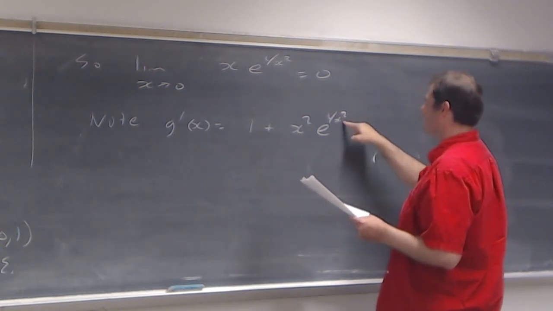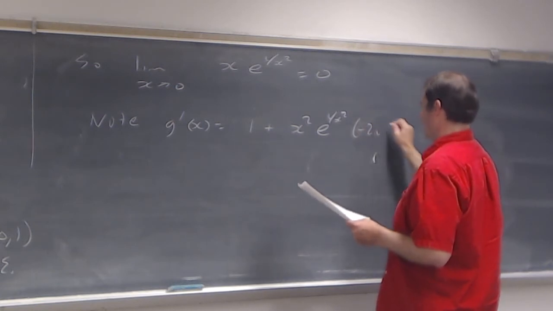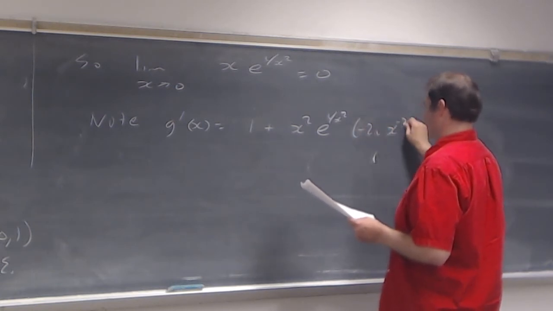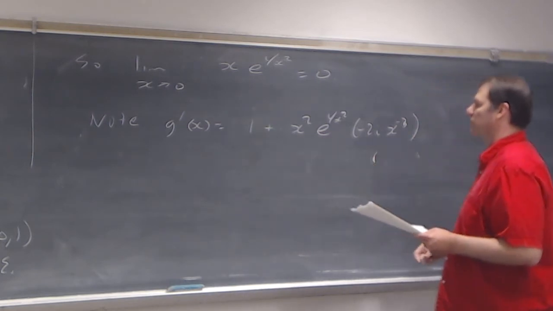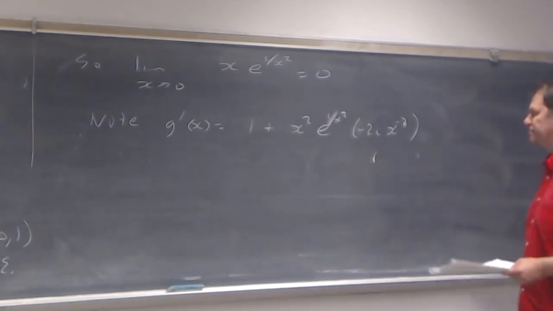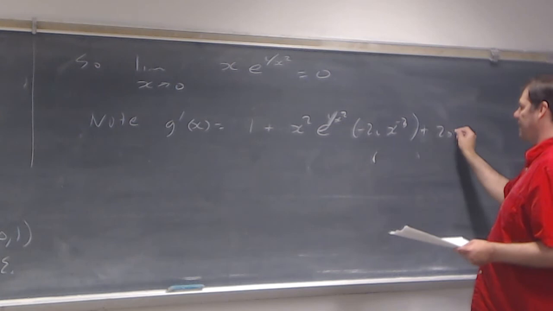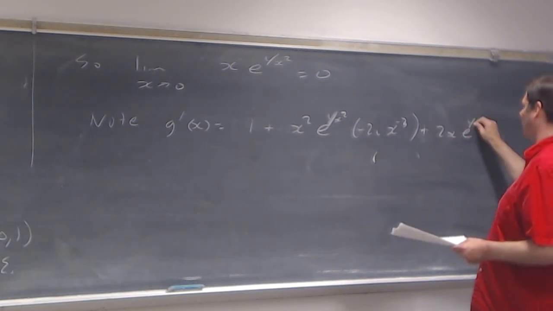And then you write this down as x to the minus 2, so I multiply by minus 2, so let's say minus 2i, and then it'd be x to the minus 3. But I'm having to use the product rule in this aspect of taking the derivative of g. So then I'd have plus 2x times e to the i over x squared.